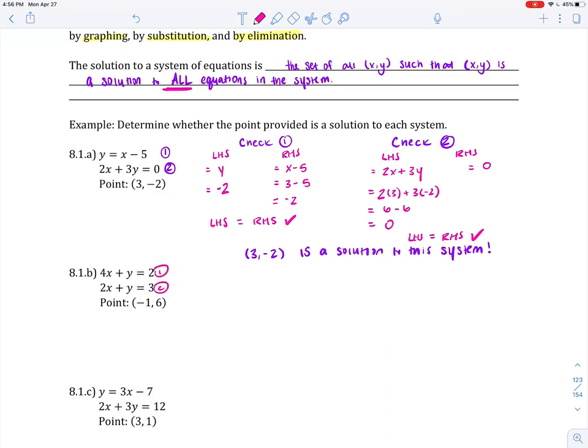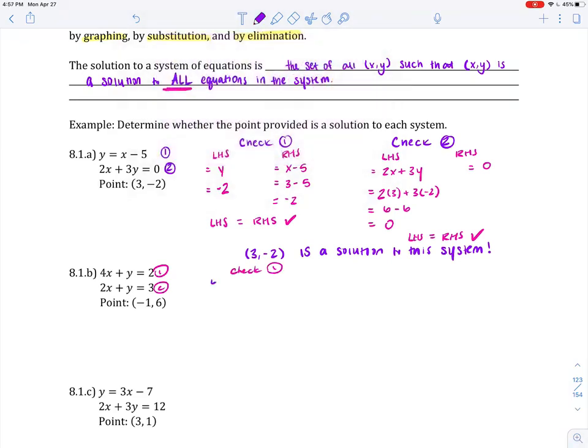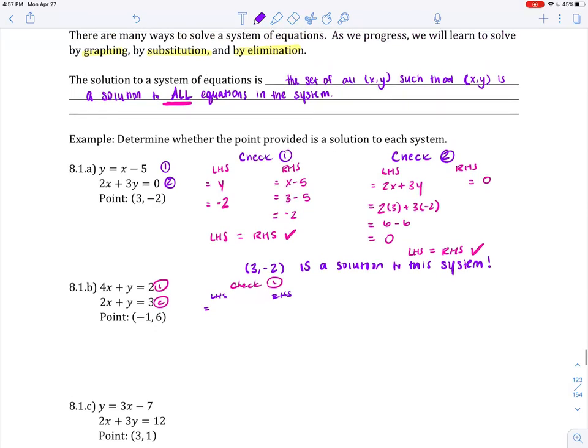So I've got these two equations. Let's do a straight inverse of colors. I'll call this equation 1 and that equation 2. I'm going to check this in both. Let's start with equation 1. I've got a left-hand side and a right-hand side.